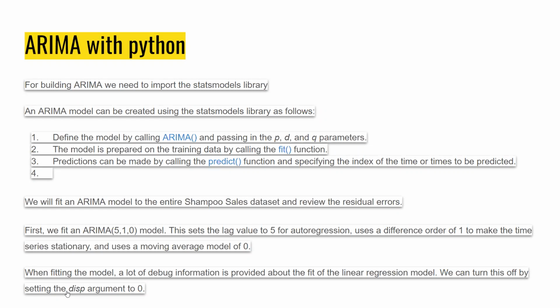Once we build the ARIMA model, we have to fit it to our existing data. This would again have train and test data. The fitting would be done with the training data, and the predict would go and make predictions for the test data.